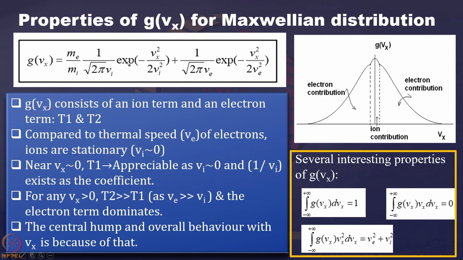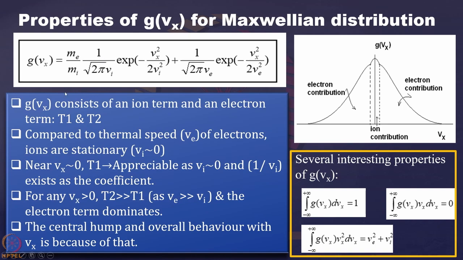Now when Vx is not 0, when Vx has some appreciable value, what is happening? Because Vi is small, this is going to be a very high negative value in the exponent, and the exponential of a very high negative value is tiny. Here, because Ve is large, the negative exponent is reduced. Because it is negative, you know that algebraic 1 by x falls much slower compared to exponential of minus x.